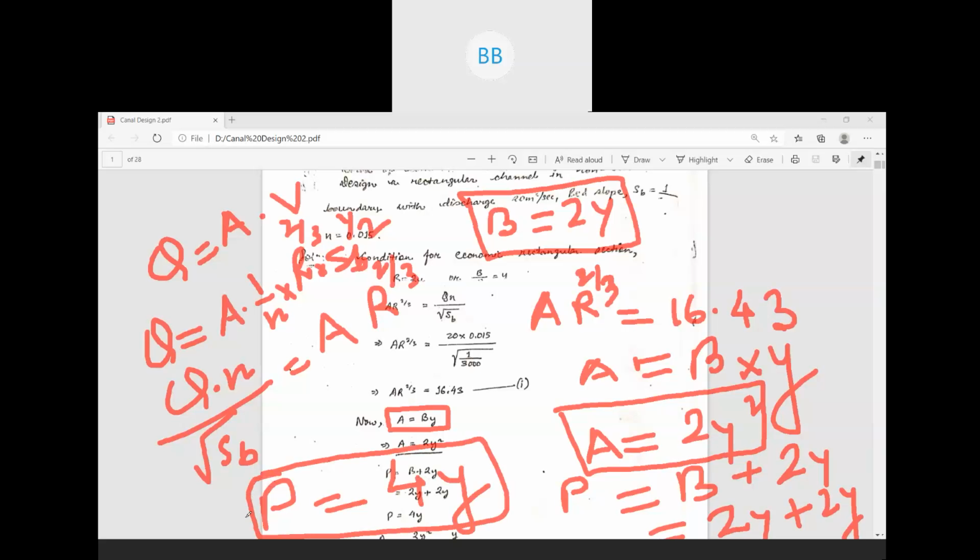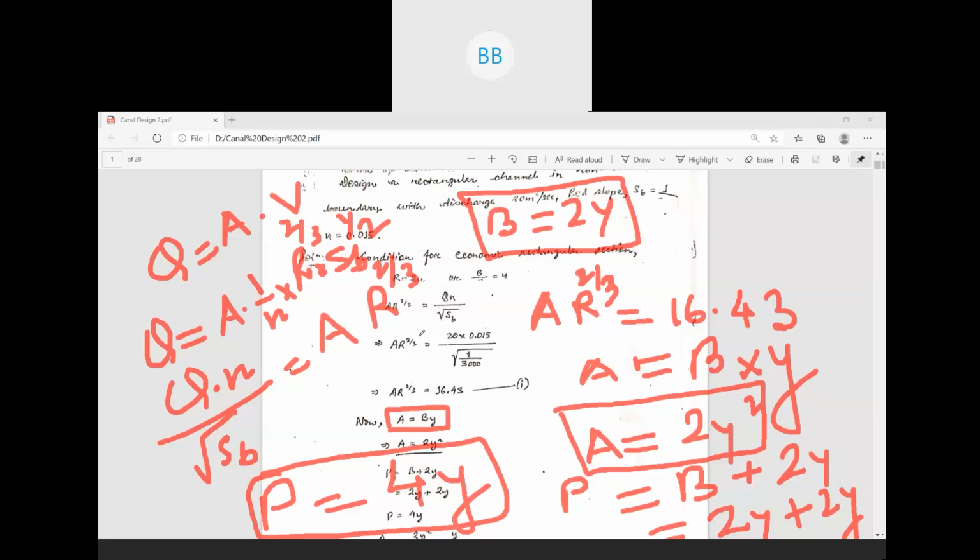Okay. So we have used the economic condition of a rectangular channel to solve this numerical. What we did first, we used the discharge equation, that is nothing but area into velocity. In place of velocity we have used Manning's equation. Why?